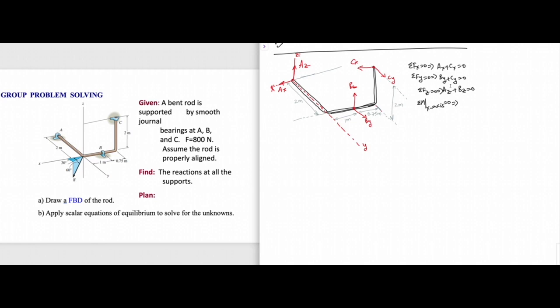AZ lies on the x-axis, it's 0. AX is parallel to the x-axis, so no moment. What is the distance of BZ from the x-axis? BZ is at this distance, and that distance is 2. So BZ times 2. Now is it clockwise or counterclockwise?